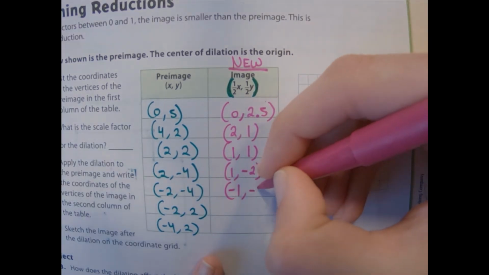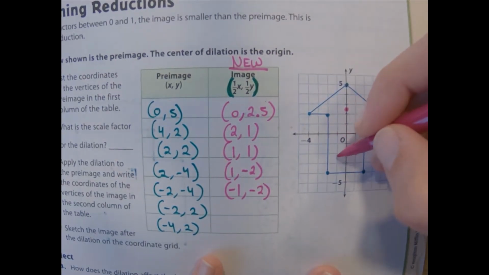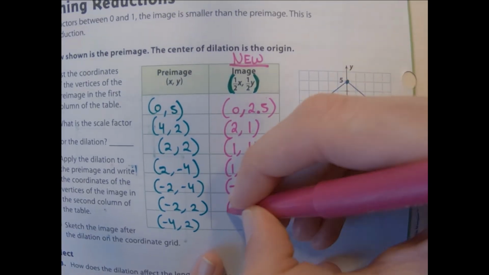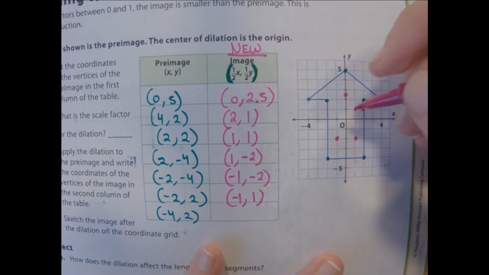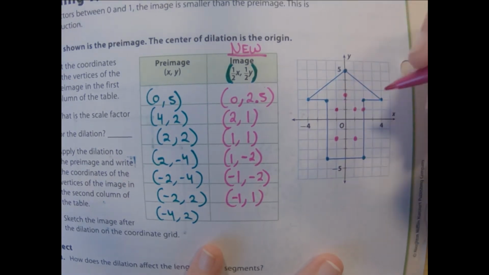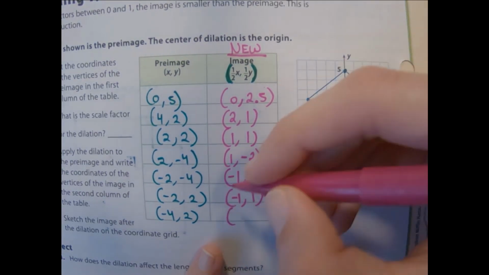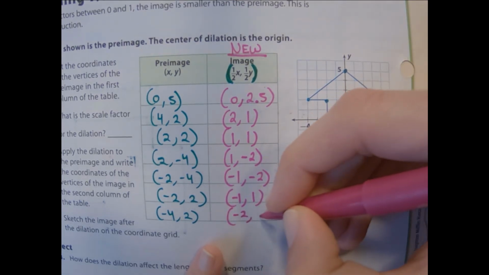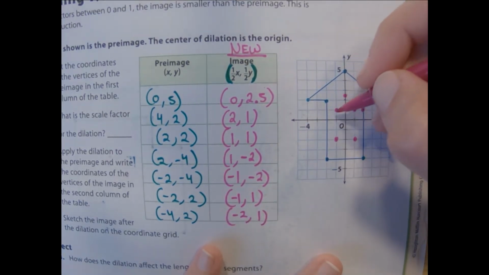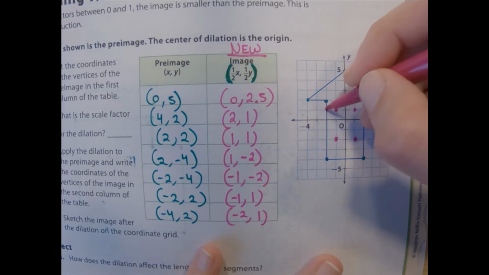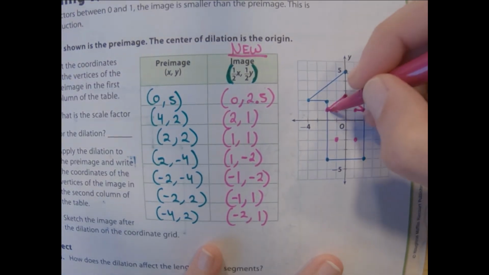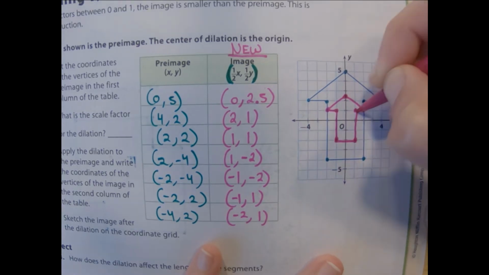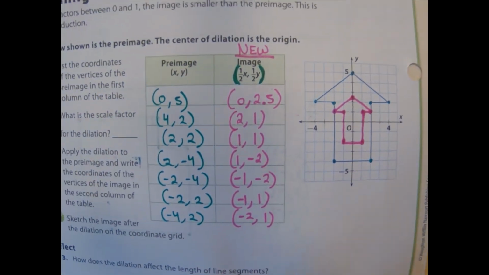Negative 4 times half is negative 2. Negative 2 times half is negative 1. 2 times half is 1. And then negative 4 times half is negative 2. 2 times half is 1. Negative 2, 1. Now we will go ahead and connect the arrows to see this reduction in size.